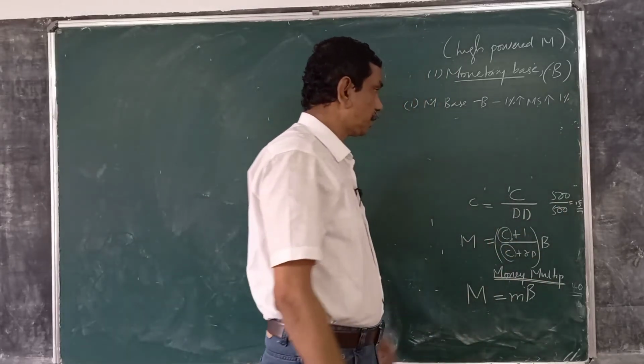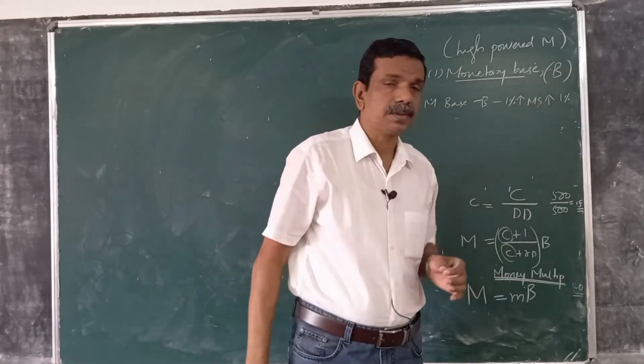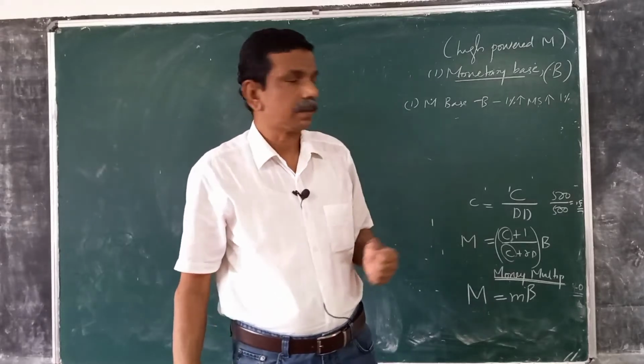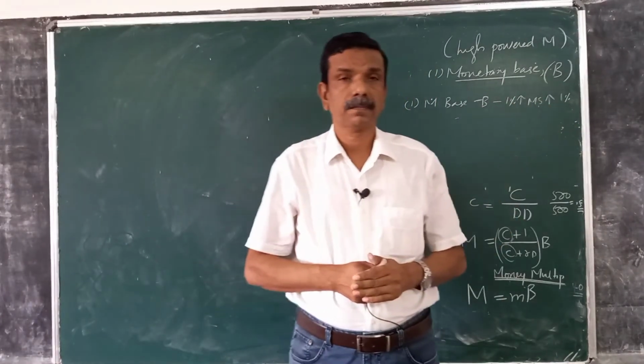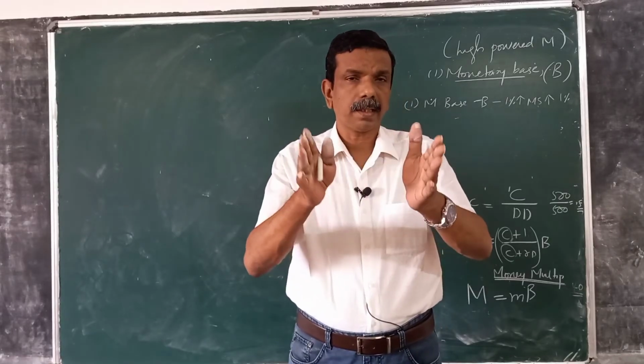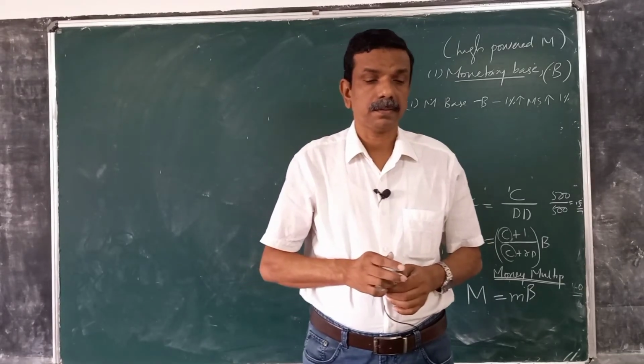If the monetary base, currency plus reserves, increases by 1%, money supply also increases by 1%. So there is a direct and proportional relation between these two.